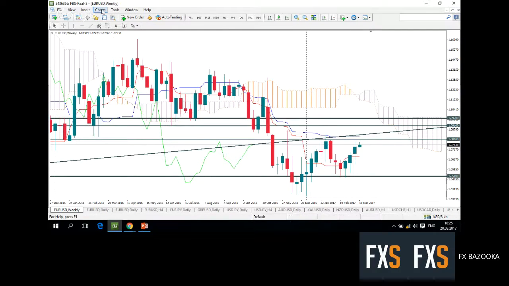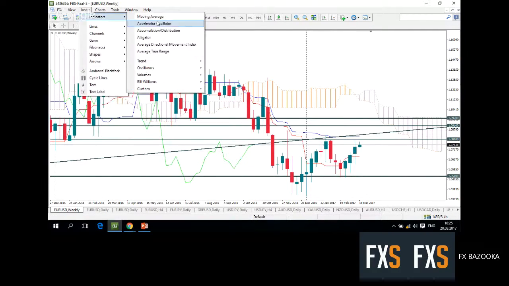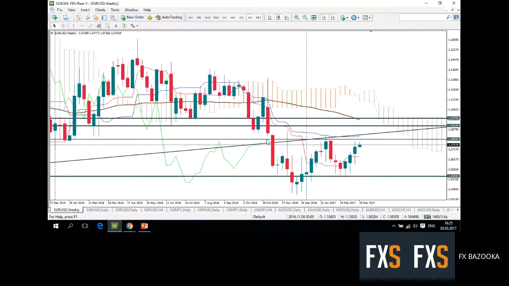Also, I'd like to point out that if we are looking at the weekly chart, you can also use moving averages, and the 50-week moving average is currently located in the area of 109.60.